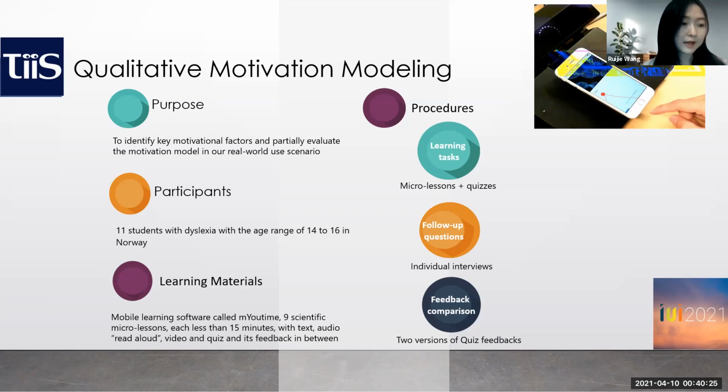The software provided a concrete real-world context for this study. Each participant did 4 learning tasks with quizzes in the software. Each is less than 15 minutes with learning content made of text, audio, and video.